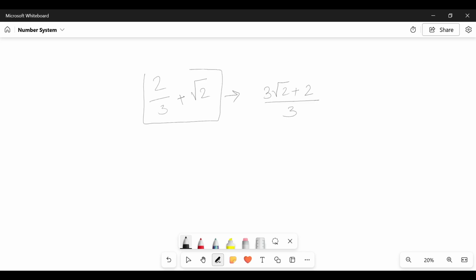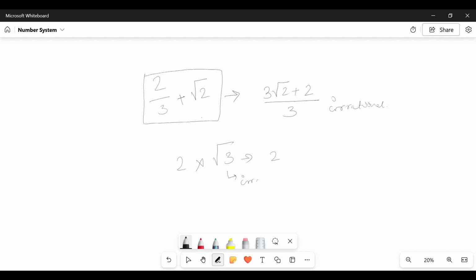So the property of irrational numbers is that if one gets added to a rational number, it makes it irrational, and if it gets added to an irrational number, it is still irrational. And we just saw that a negative of an irrational number is also an irrational number. Now the product of an irrational number and a rational number would also be irrational.